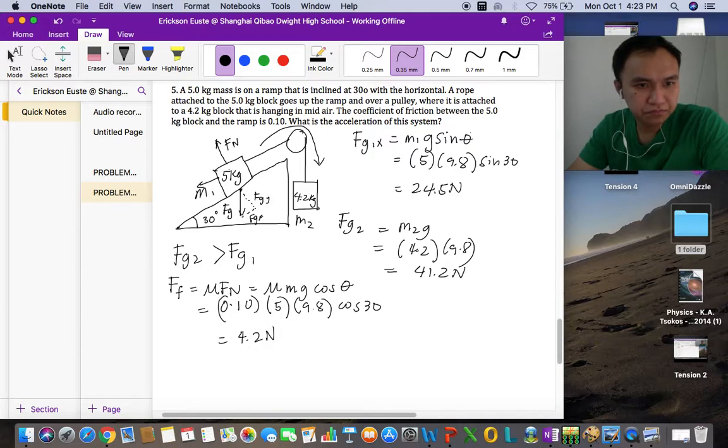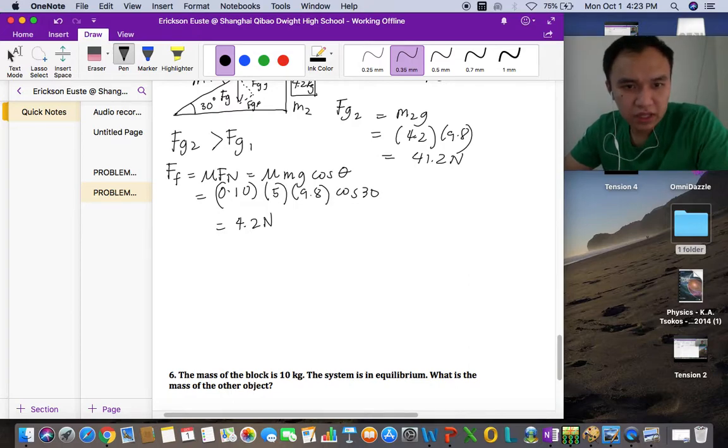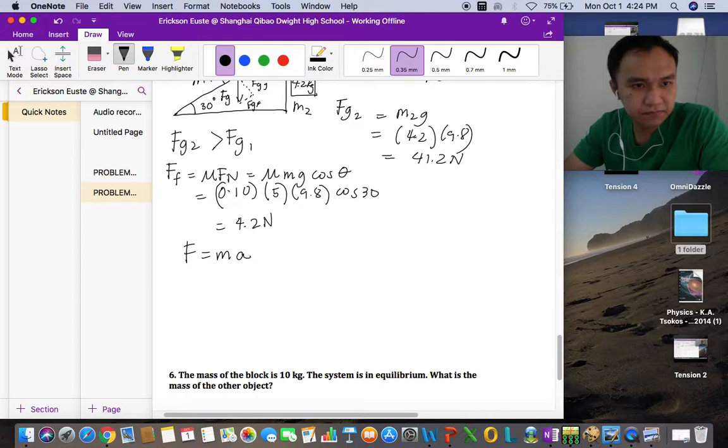Now, what is the summation of the forces? So you have the summation of the forces, which is equal to, there are two different ways on how to deal with it. So I know that F is equal to MA.